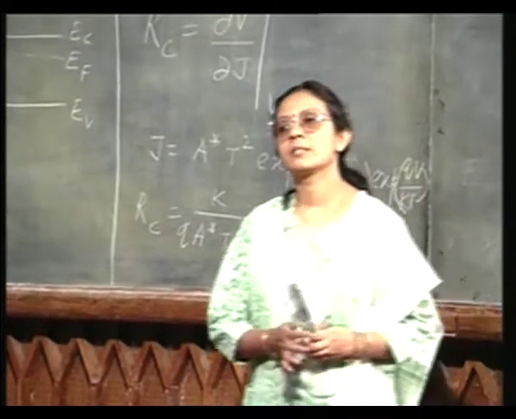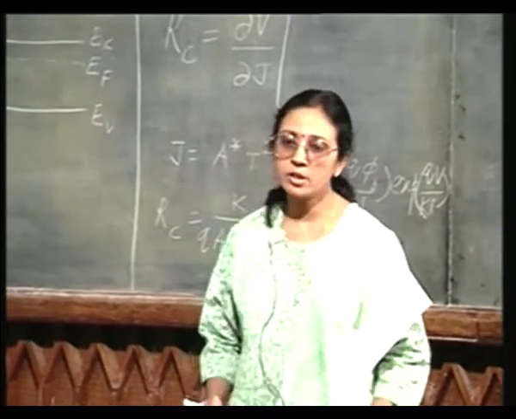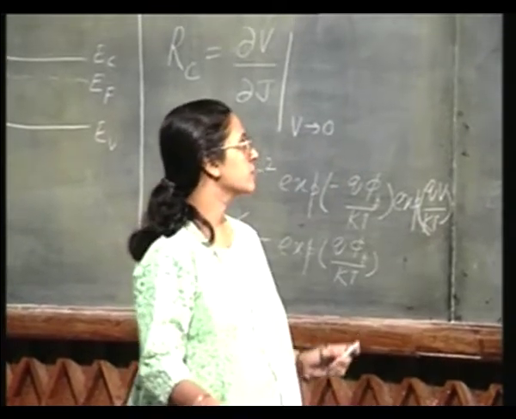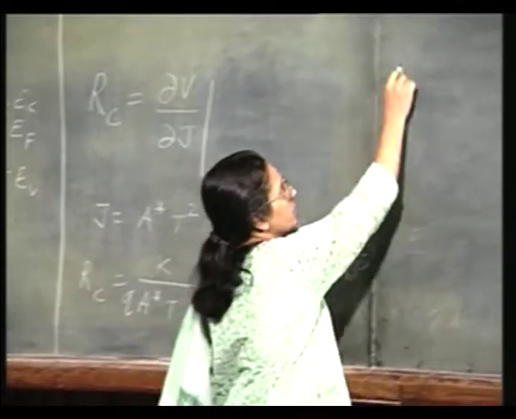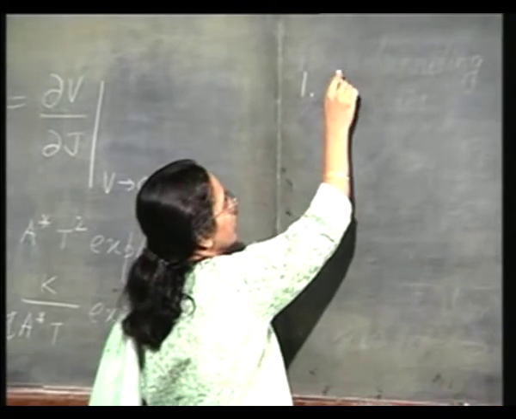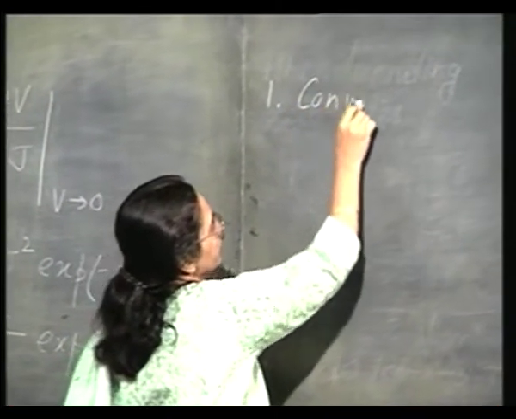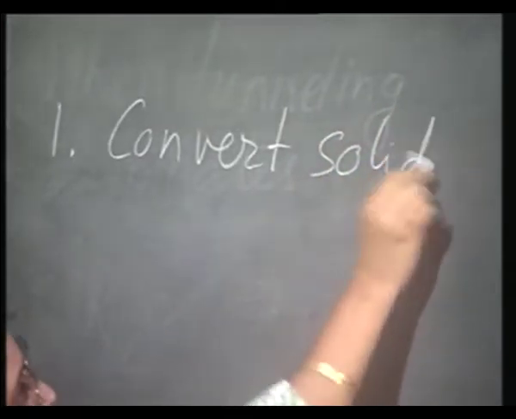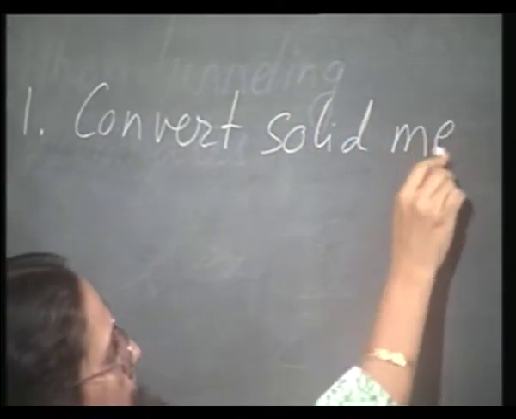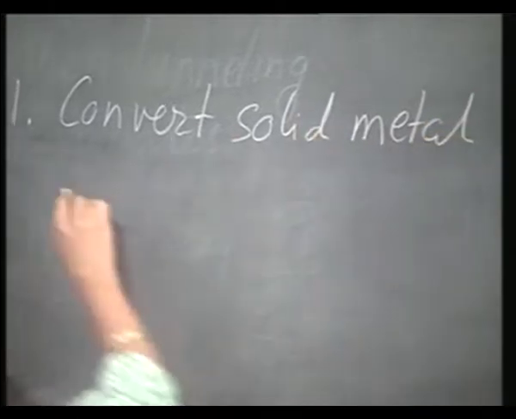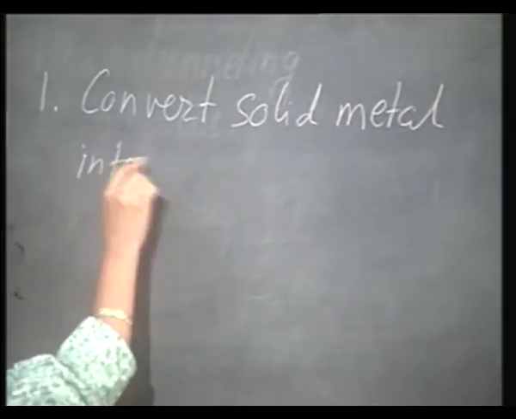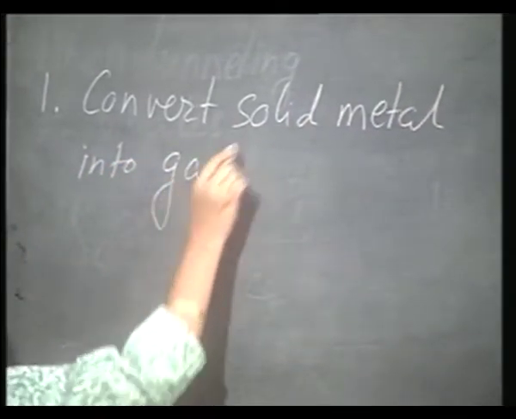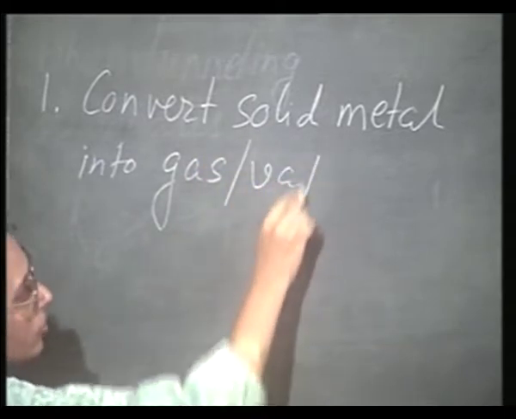So, whether it is vacuum evaporation technique or sputtering technique, essentially you have three steps. First step is convert solid metal into gas or vapor.